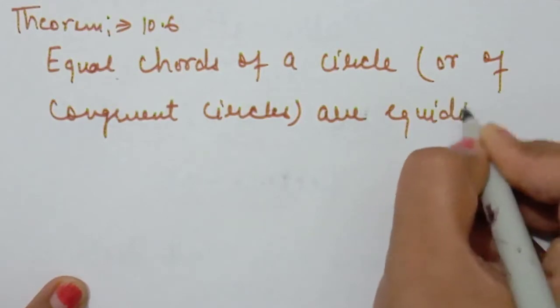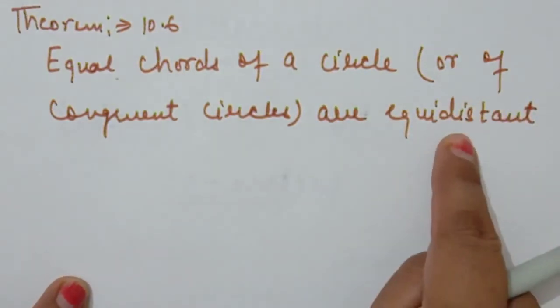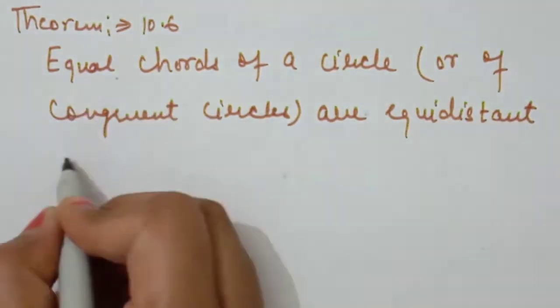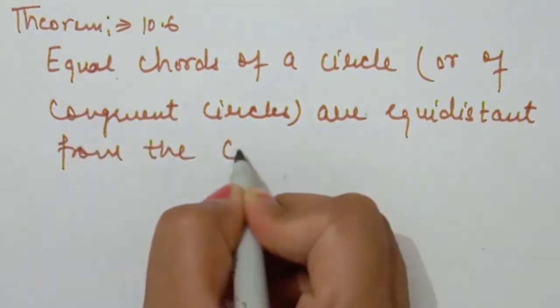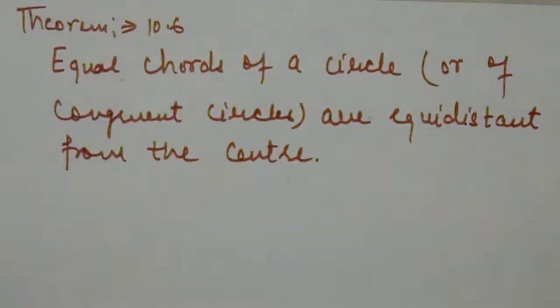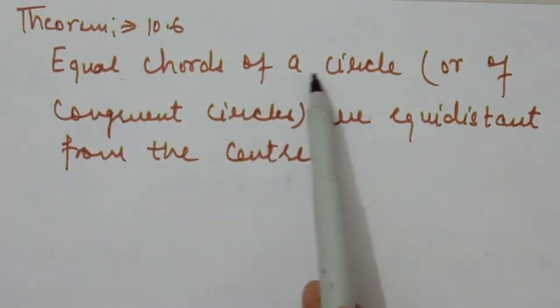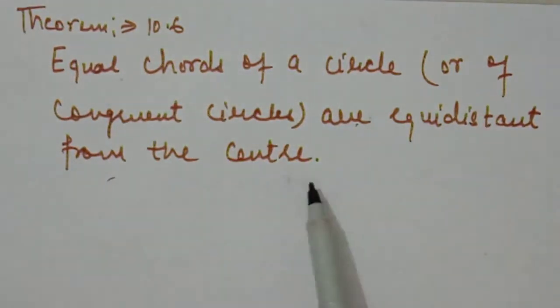The word equidistant means equal distance from the center. So students, equal chords of a circle are equidistant from the center.